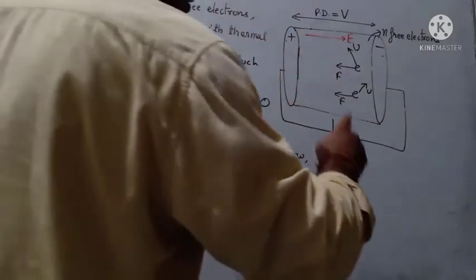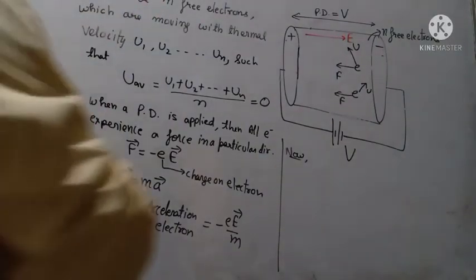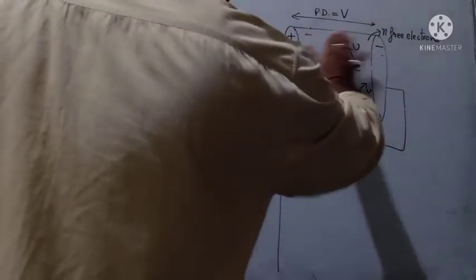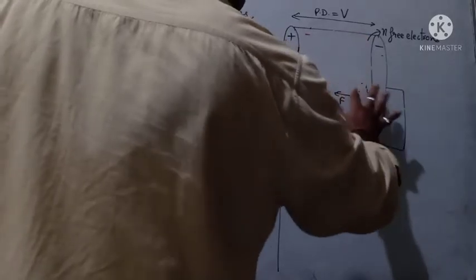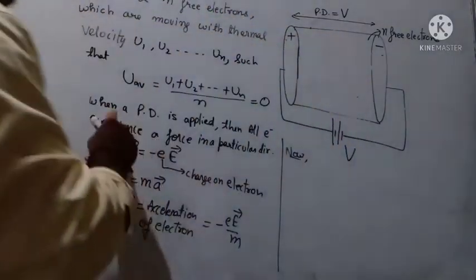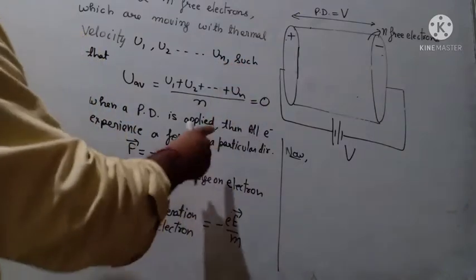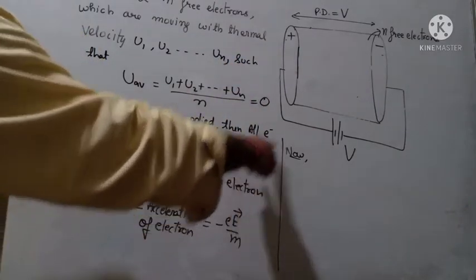But when will it happen? When we apply a potential difference. Now what happened? Let us study one electron, equally applicable to others. When a potential difference is applied, every electron will experience a force in a particular direction.